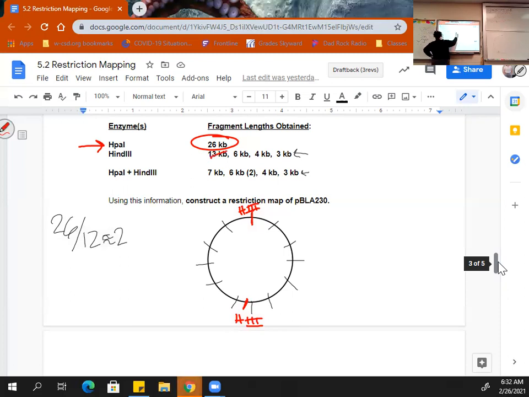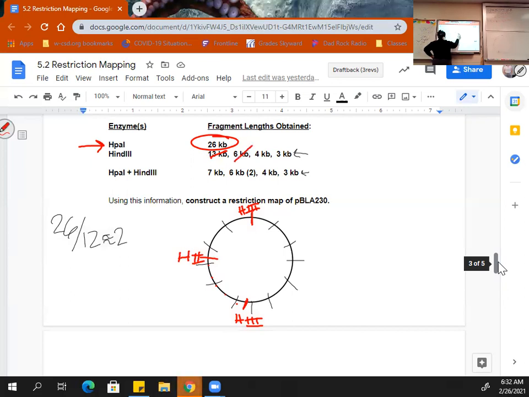So we have that one done. Next, we need about 6. So we have 1, 2, 3, 4, 5, 6. So this is going to be our other H3 cut.